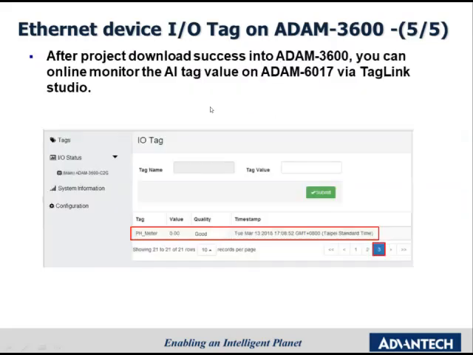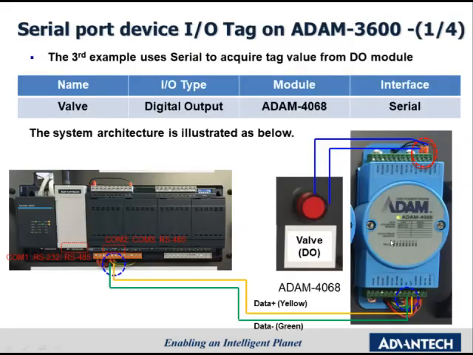After the project download succeeds, you can monitor the AI tag value on Advantech 6017 online by H-Link Studio. As you can see on the I/O tag page, I can find a tag with the name pH meter, which shows the current value and its connection status.